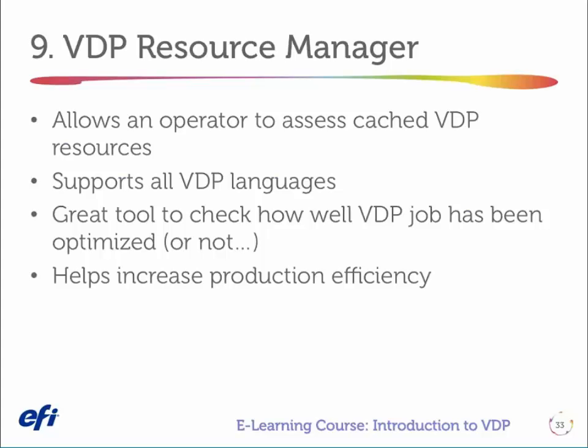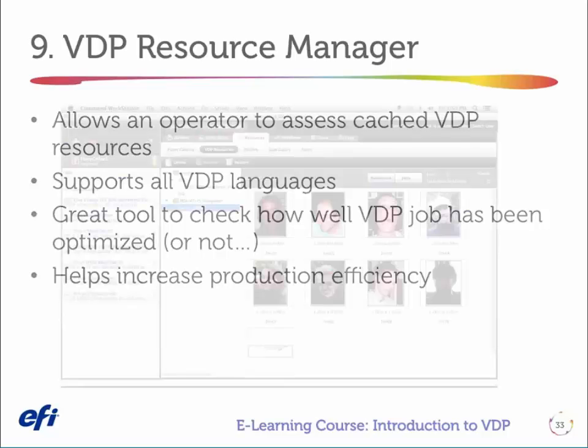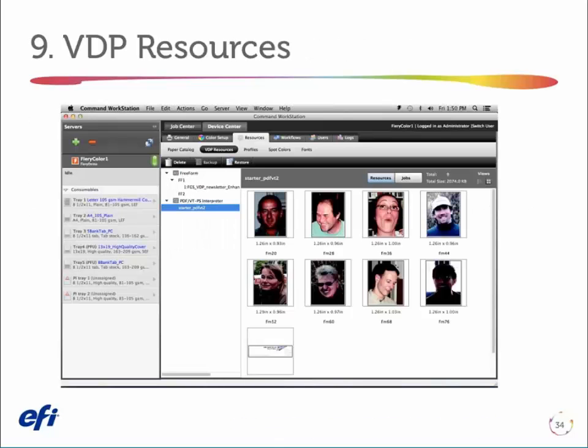Like other VDP features, it supports all the VDP languages the Fiery supports. In addition to the ability to manage these cached resources by deleting them or making a backup or doing a restore, it's also a great way to check how well your VDP solution has optimized the VDP structure of your job. Support for cached resources allows you to gain significant increases in production efficiency.